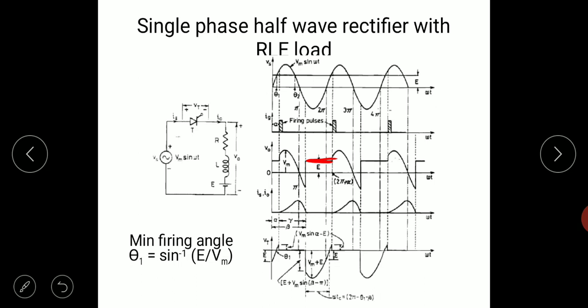Same is happening before omega t is equal to alpha. Before omega t is equal to alpha, the SCR is not conducting, and since the SCR is not conducting, the load is disconnected from the supply, hence V0 voltage will be equal to the back EMF capital E.